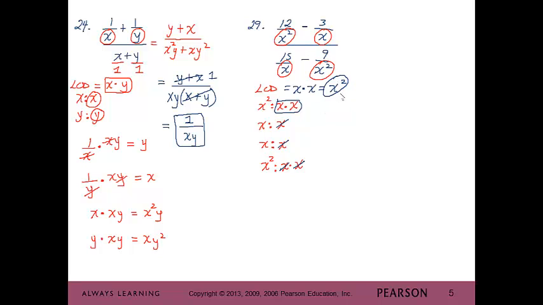So now we're going to multiply each term by the LCD, which is x squared. So 12 over x squared times x squared, 3 over x times x squared, 15 over x times x squared, and 9 over x squared times x squared.